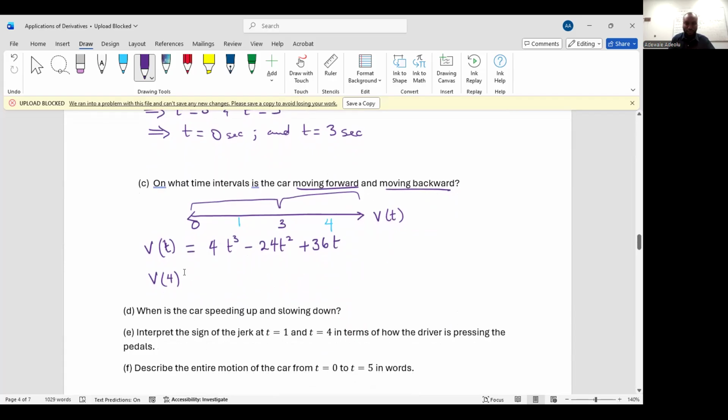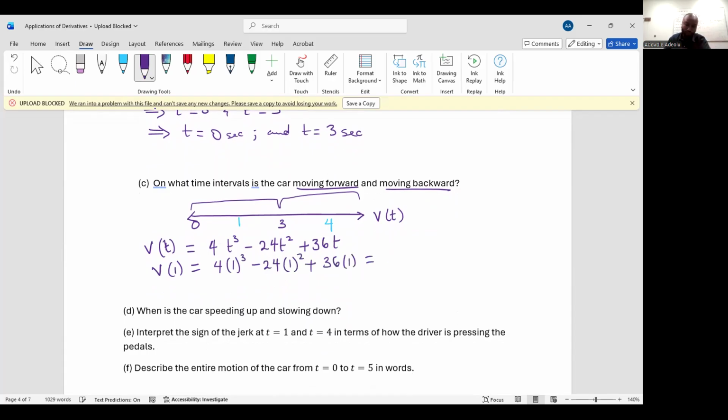Now I can find V of 1. V of 1 is 4 times 1 raised to power 3 minus 24 times 1 raised to power 2 plus 36 times 1.